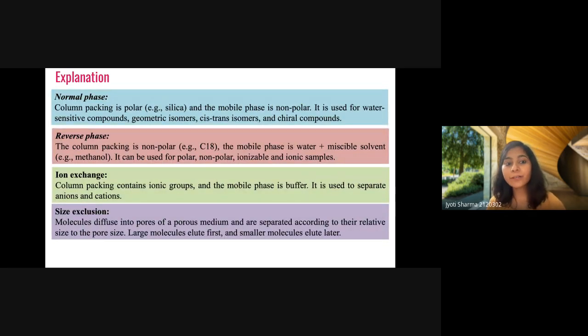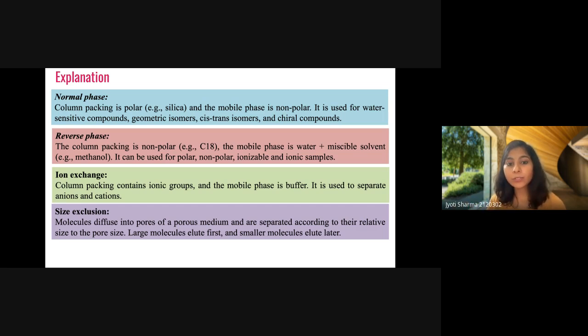And we do have different phases in HPLC: normal phase, reverse phase, ion exchange, or size exclusion. We were talking about the reverse phase. In reverse phase, the column packing is non-polar, which means the stationary phase will be non-polar, and the mobile phase will be water or a miscible solvent, for example methanol.